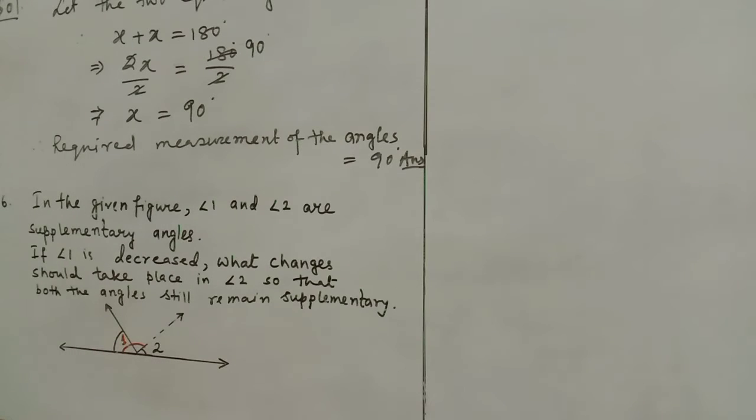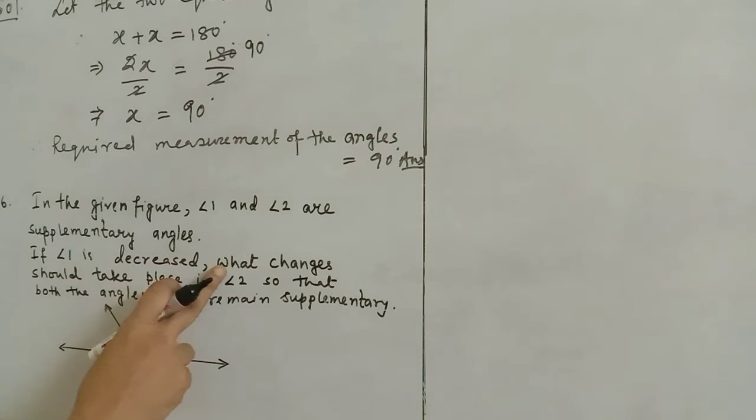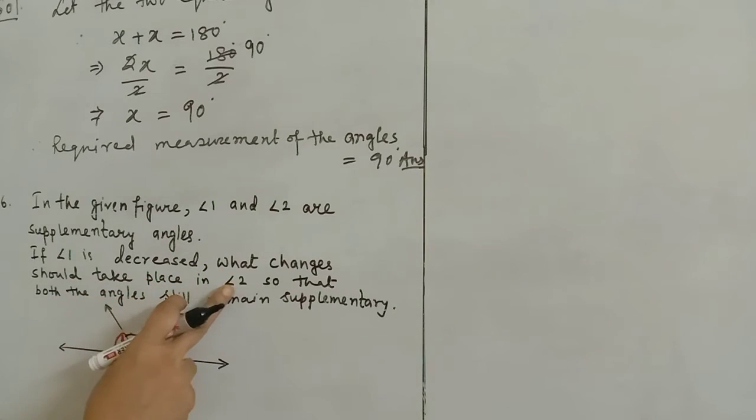It will become larger than the previous angle. As angle 2 was up to here, now angle 1 has become smaller, only this much. So if I change this line to decrease angle 1, we can see that angle 2 becomes larger.